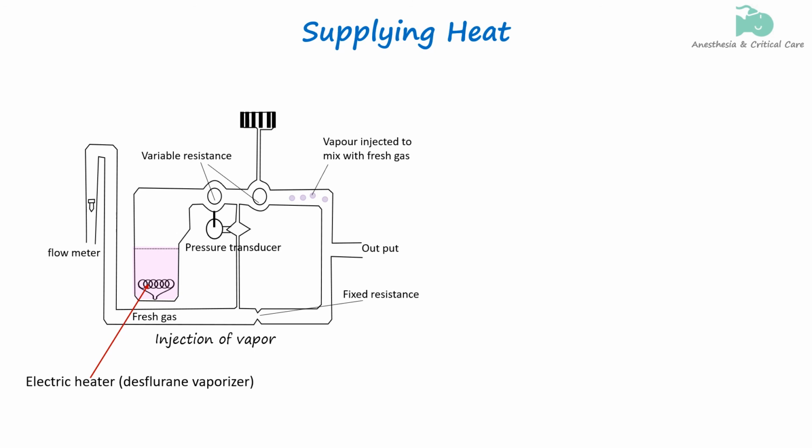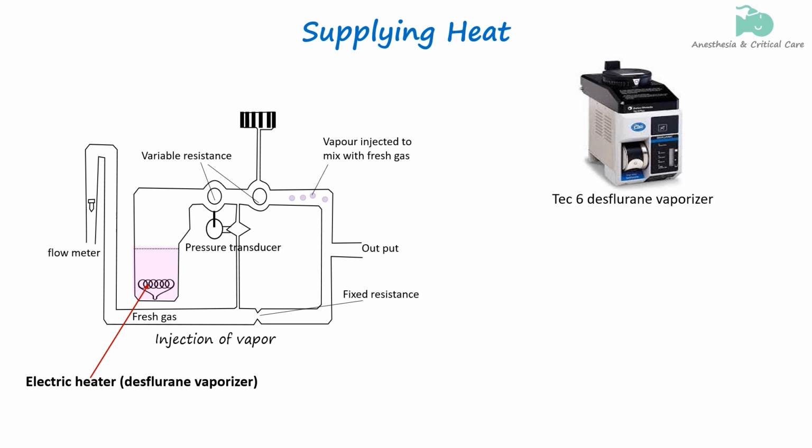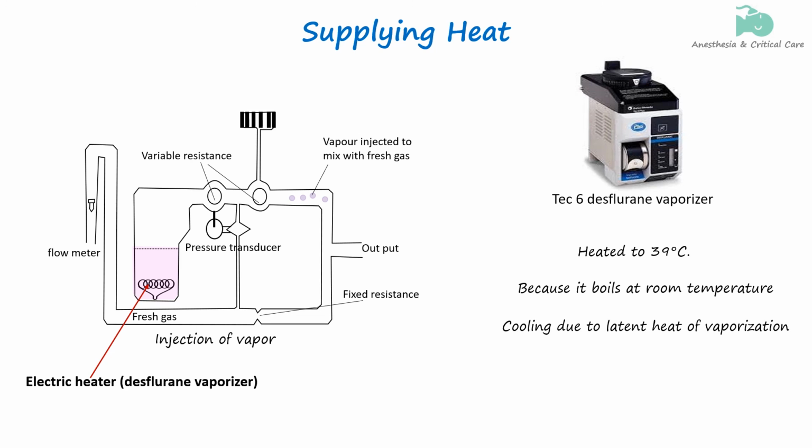The Tech 6 vaporizer is equipped with an electric heater that maintains the Desflurane at a constant temperature of 39 degrees Celsius. Desflurane has a boiling point of 22.8 degrees Celsius at standard atmospheric pressure, meaning it will boil at room temperature, cooling the Desflurane remaining due to latent heat of vaporization. This will lead to inconsistent vapor pressure.